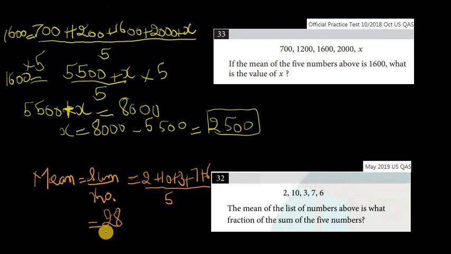So the mean here would be 28 divided by 5, and the sum is just 28. So if you think about it, what fraction of the sum of the 5 numbers is the mean? It's pretty clear. This number is 1/5 of this number. So the answer is going to be 1/5.